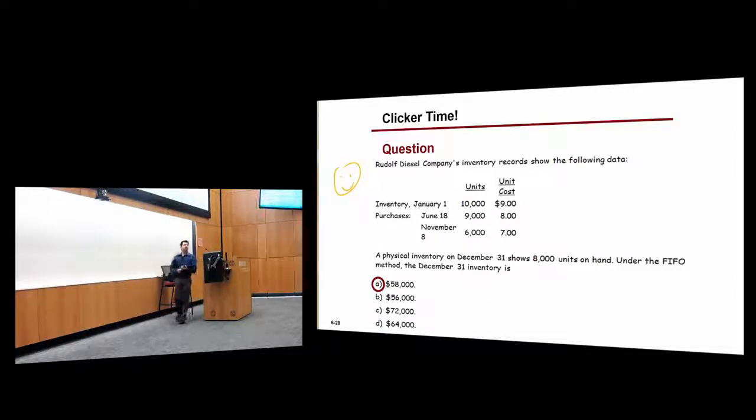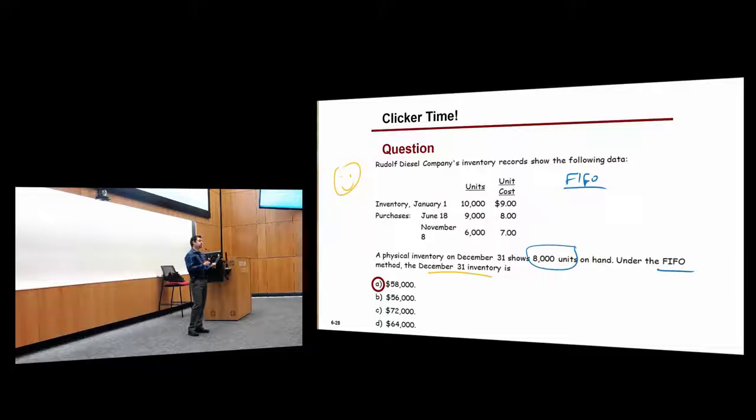So in this case, they are asking us to calculate the inventory on December 31st. Okay? This is the same thing as ending inventory. They are asking you to calculate ending inventory. And it shows that they still have 8,000 units on hand. This is using FIFO. So under FIFO, you are selling the first ones first.